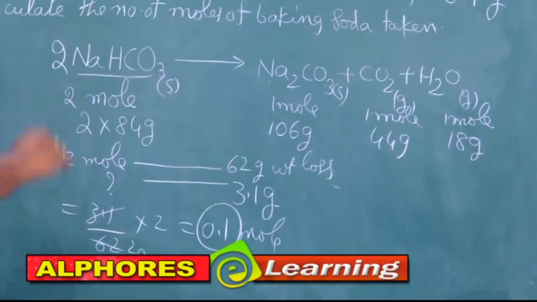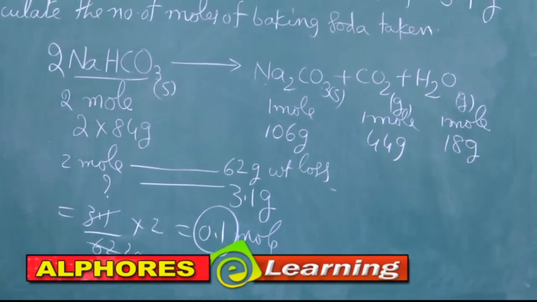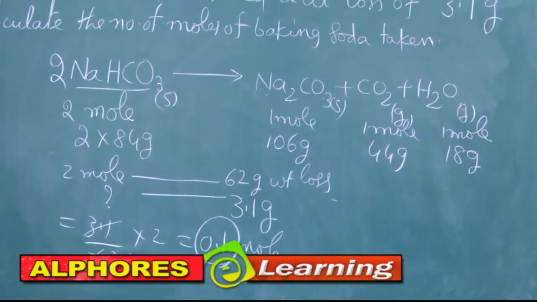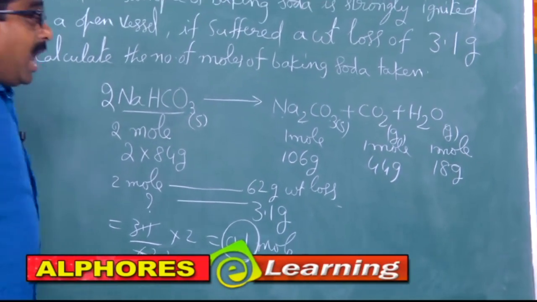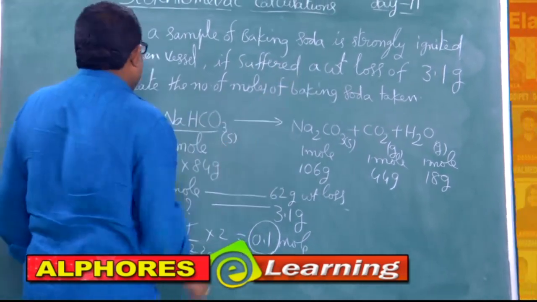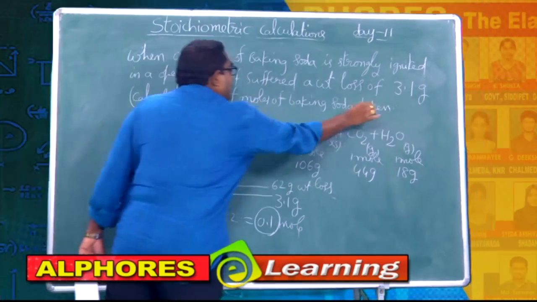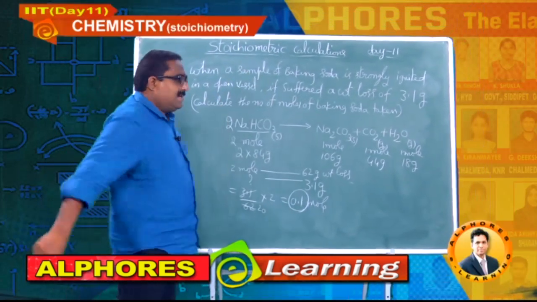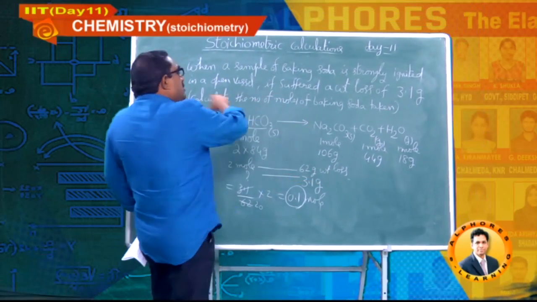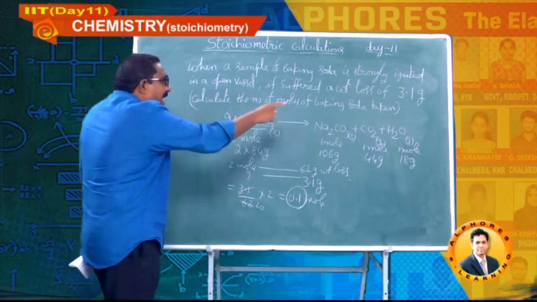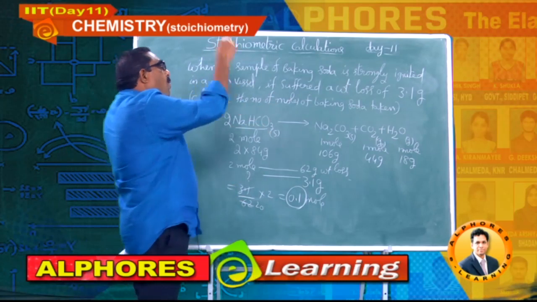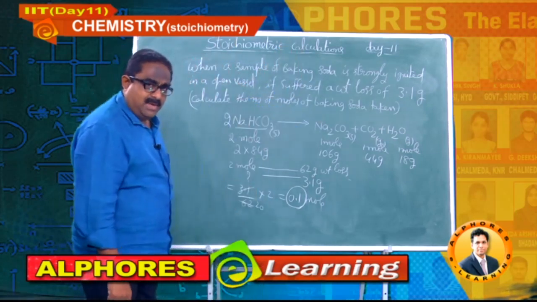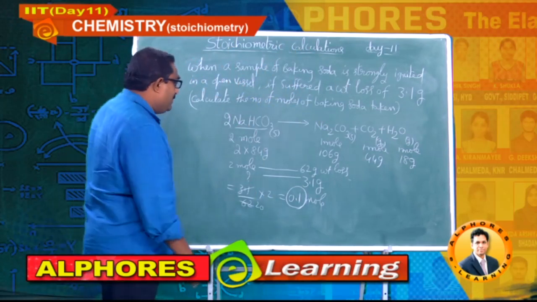The question may be asked like this, with the same data. What will be the volume of carbon dioxide gas obtained at STP? Instead of that, you can set one more question based on the data. During this reaction, what is the volume of carbon dioxide gas obtained at STP? If the question is asked like that, what will you do?